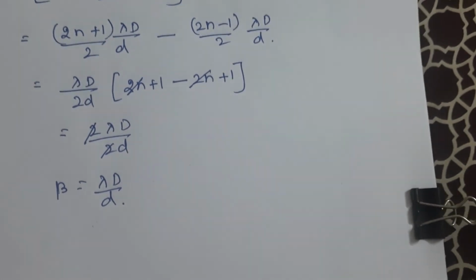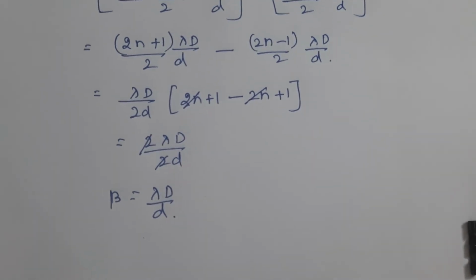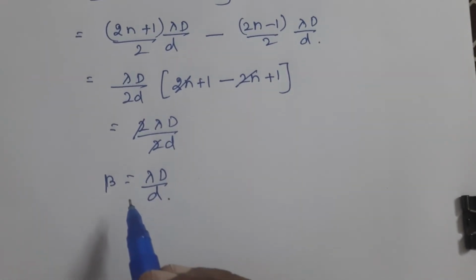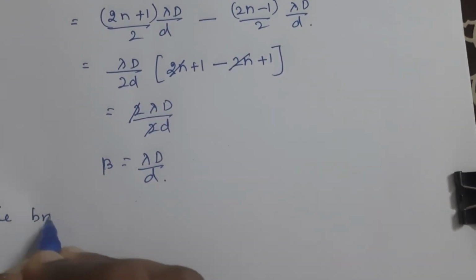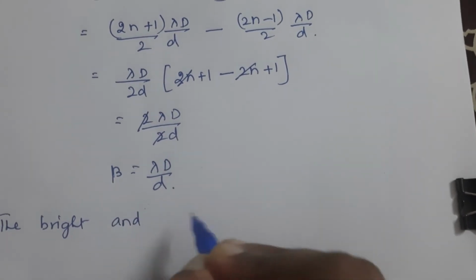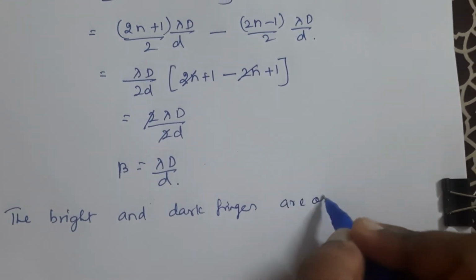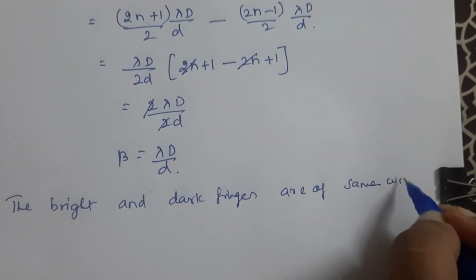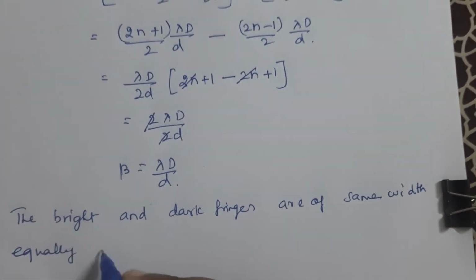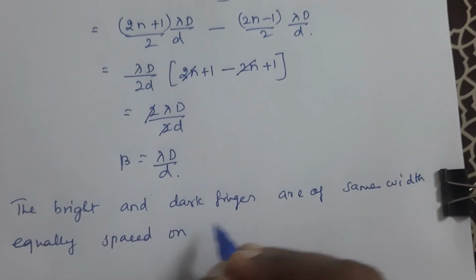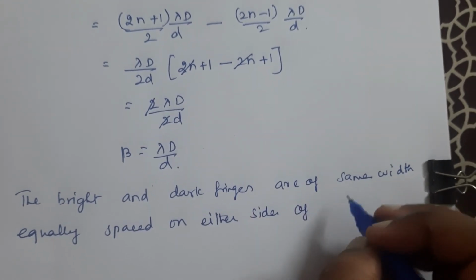So for bright fringe we got the beta value as lambda D by d, and for dark also we get the value of beta as lambda D by d. So what we can understand is that the bright and dark fringes are of the same width, equally spaced on either side of the central bright fringe.